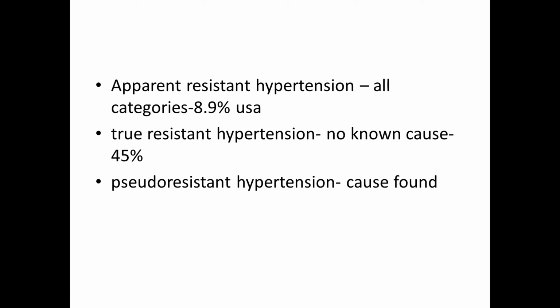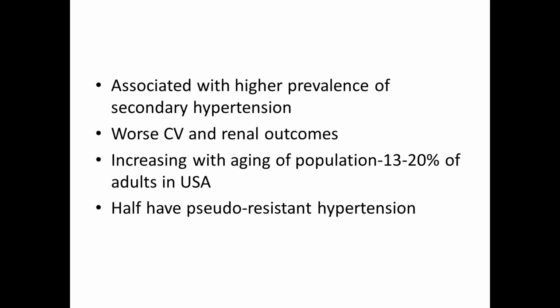There is pseudo-resistant hypertension, when you can find an explanation, as we'll discuss later. A patient, for instance, is not drug compliant. He's on 3 drugs, but he's not compliant. So it's pseudo-resistant because it's a compliance issue that is causing the apparent resistance, whereas it's not truly resistant.